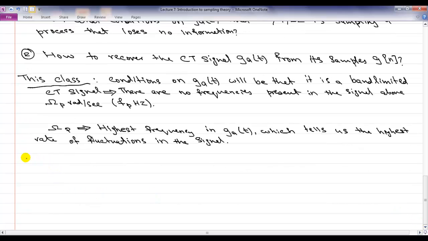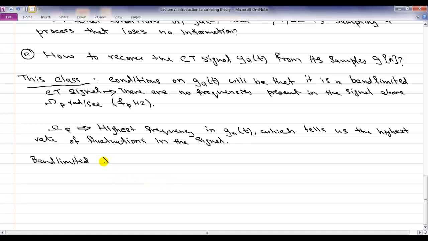So band limited to, mathematically what band limited signal means is, since we know that all the information about frequencies is given to us through a mathematical transform, what's the name of that transform? Fourier transform.